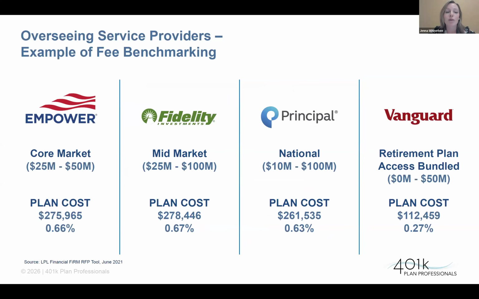Another way to benchmark plan fees is to go out to the marketplace and actually get quotes, do an RFP. And again, this is completely an example, but we can look across many different providers, say for this plan and the investment lineup shown, how much would you charge to record keep the plan?